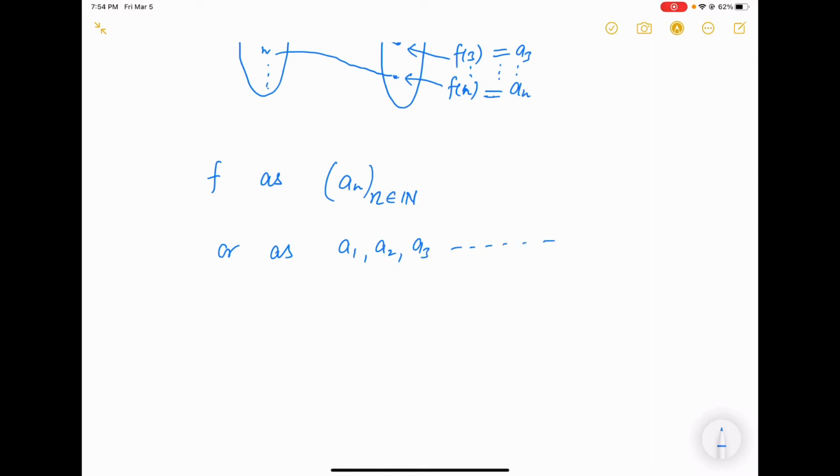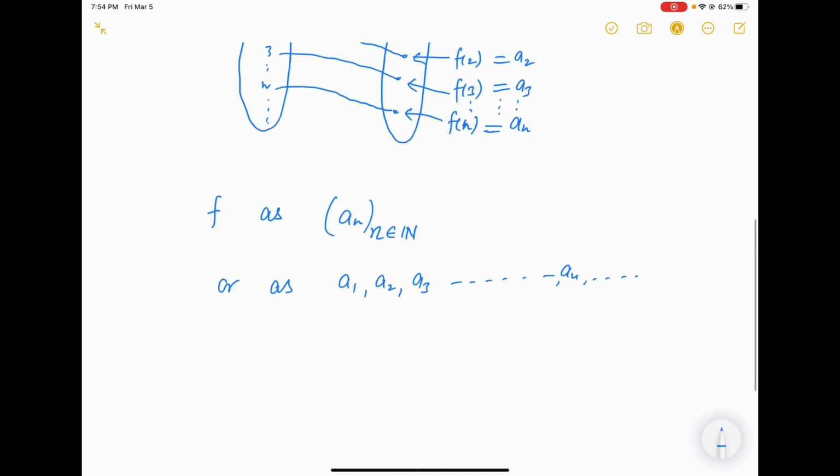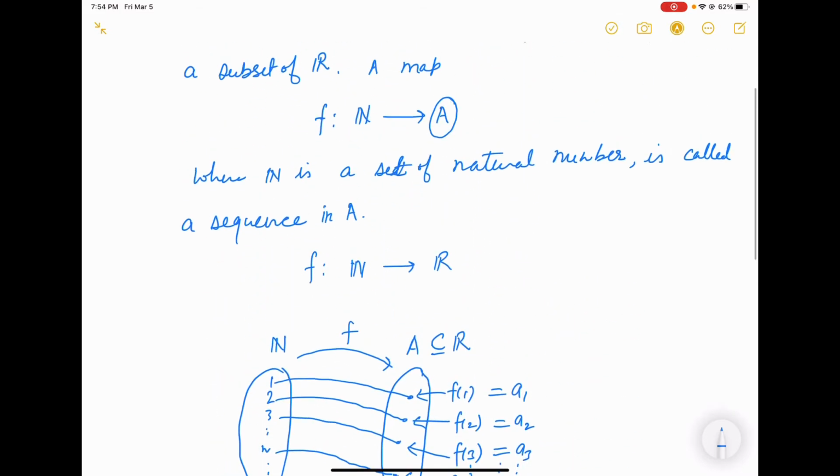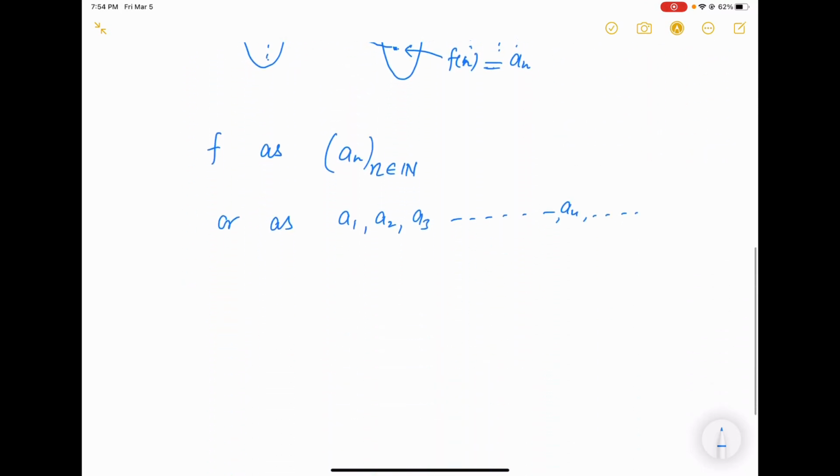So this is called an. This is called a sequence in R. Actually, A1, A2, A3, an is a sequence in R. So what is a sequence? A sequence is actually a map. So how a map represents a sequence, I hope it is clear to you now.